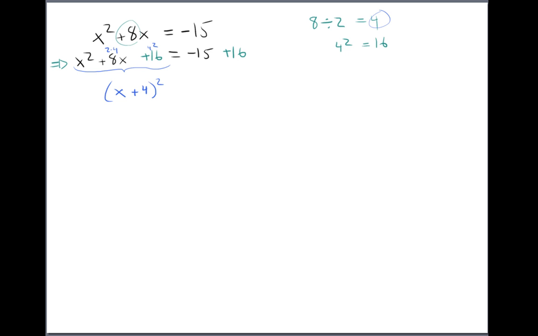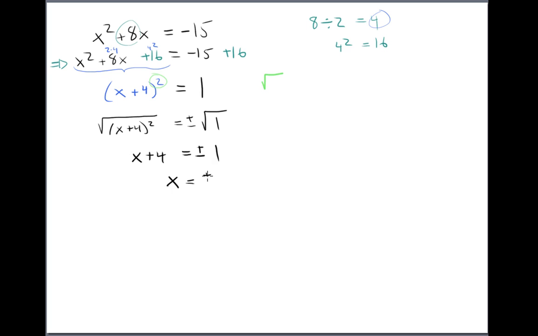And then it's going to be equal to negative 15 plus 16. That's 1. Great. Now we take the square root of both sides. So the square root of the quantity x plus 4 quantity squared is equal to plus or minus the square root of 1. So x plus 4 is equal to plus or minus 1.